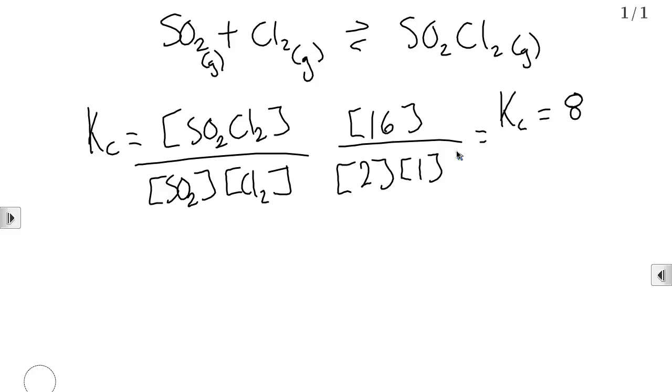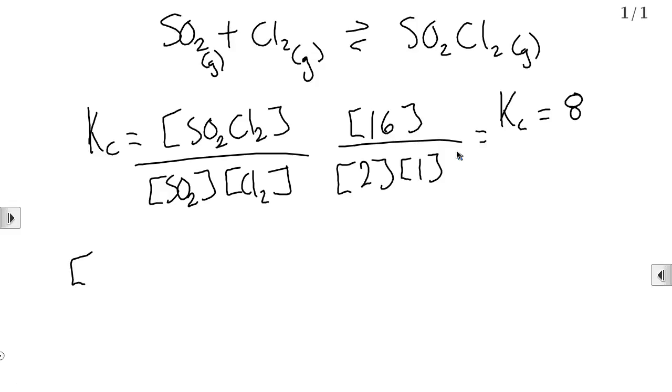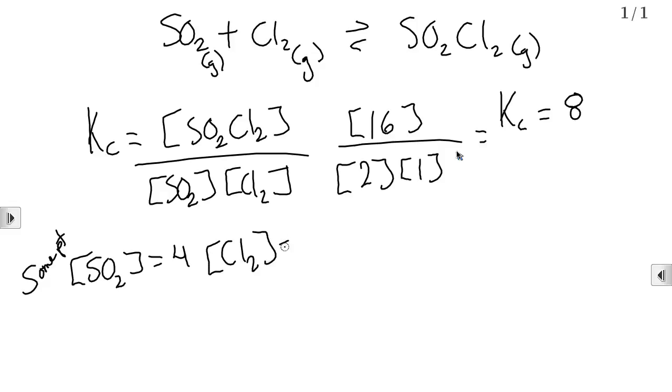At some point in the reaction, I'm not telling you when, let's say the concentration of sulfur dioxide was 4, the concentration of chlorine gas was 3, and the concentration of SO2Cl2, let's just make that 10.